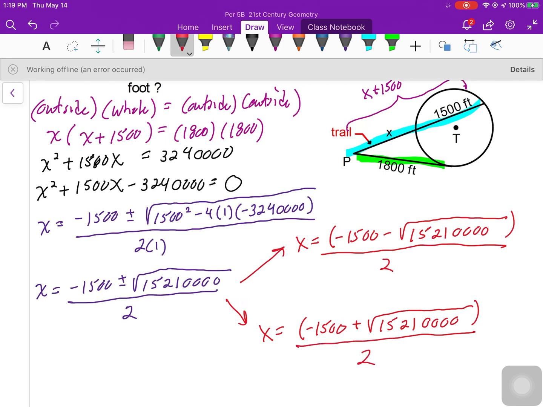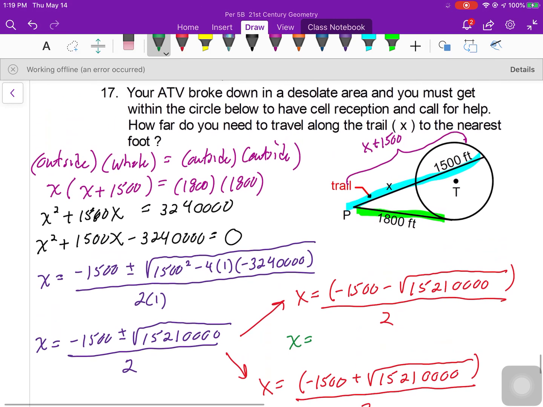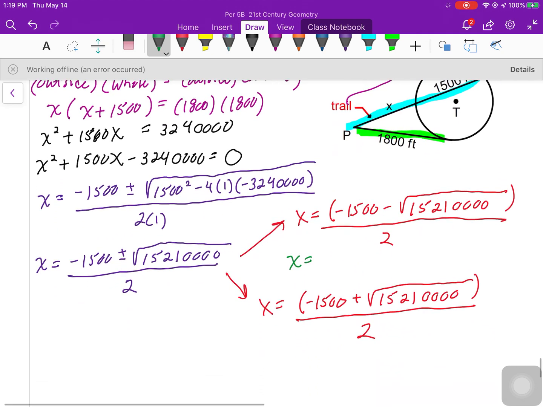And by positive, I mean the positive in front of the square root sign. Now, on the top one, when I put that into the calculator and round it to the nearest whole foot, I ended up with negative 2700. On the bottom one, I ended up with 1200.